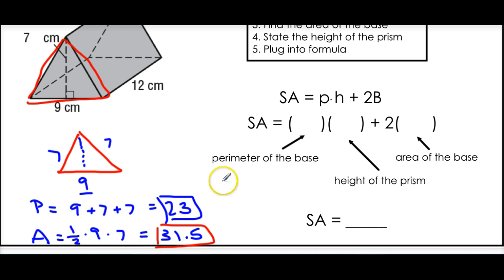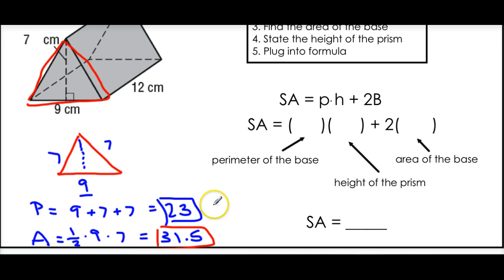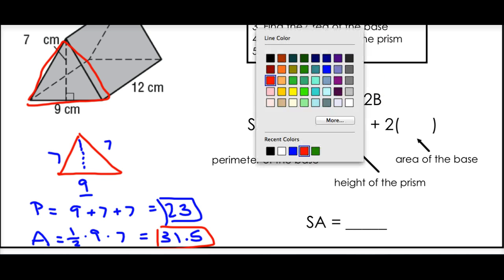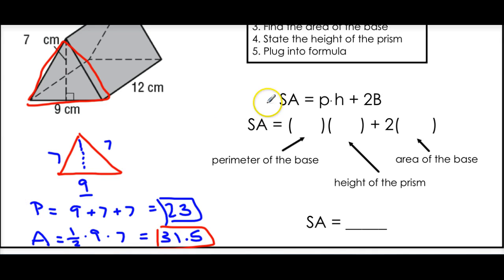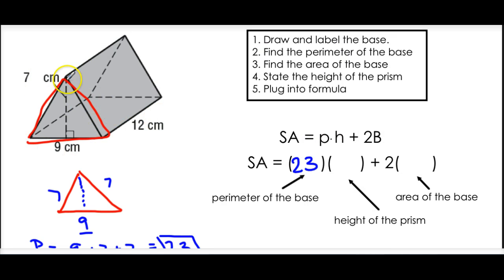Now that we've got these, we just plug into our formula. So the surface area equals the perimeter of the base times the height plus 2 times the area of the base. We found all of these. The perimeter of the base is 23. Our height, if this is the base, then 12 has to be our height.